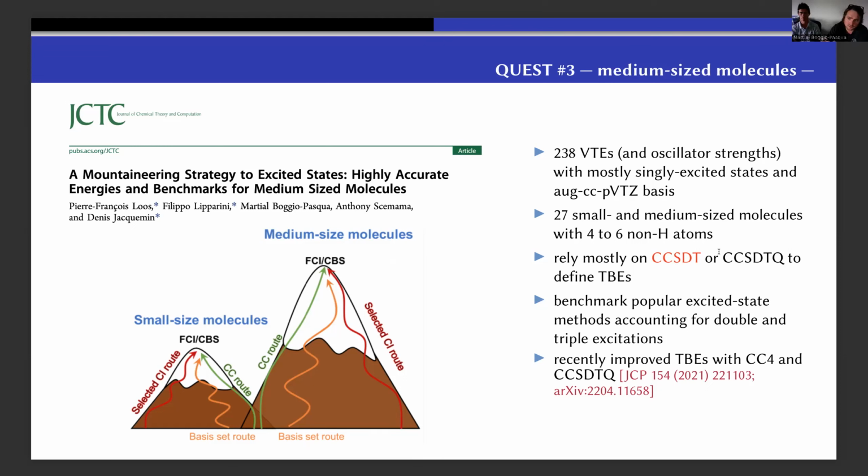So we started using EOM-CCSDTQ or EOM-CCSDT. When you get to CCSDT, it starts to be so-so in terms of accuracy. You can't be sure that you're really chemically accurate. So very recently we started to go to quadruples, and we recently improved those TBEs based on CC4 or EOM-CCSDTQ. So that's the idea.